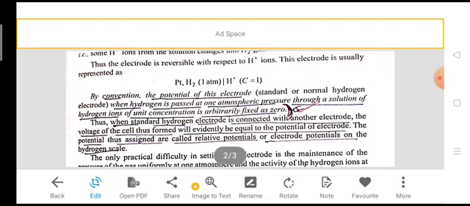Thus, when the standard hydrogen electrode is connected with another electrode whose potential is to be determined, the voltage of the cell thus formed will evidently be equal to the potential of the electrode.